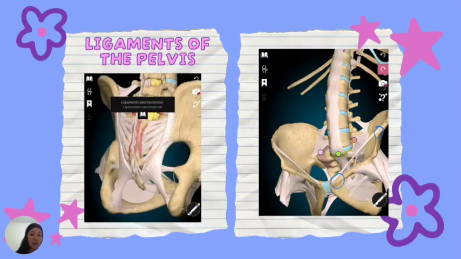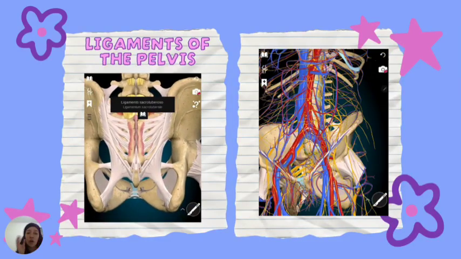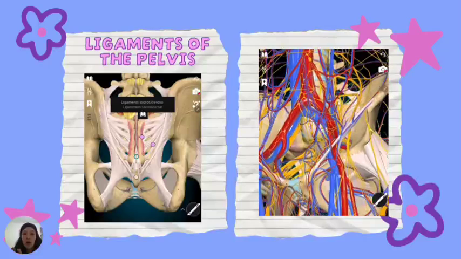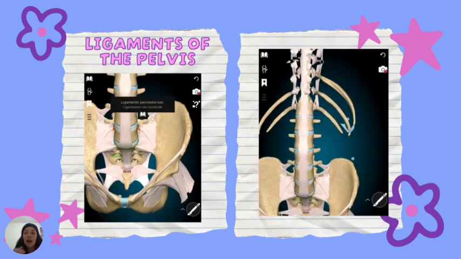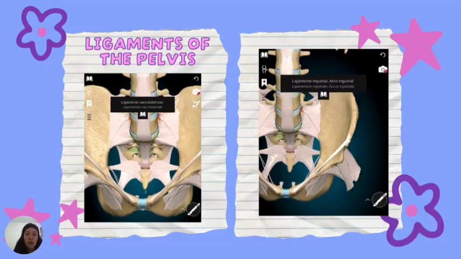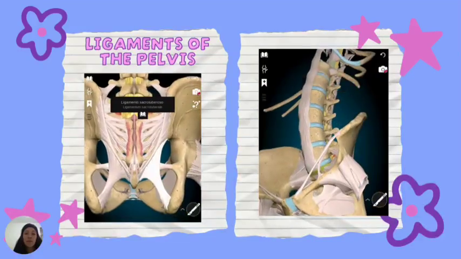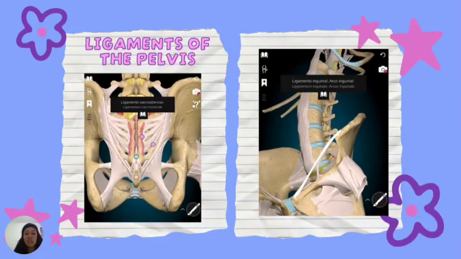Then we have the sacrotuberous ligament, located in the second video with the inguinal ligament. The sacrotuberous ligament runs from the sacrum to the ischial tuberosity, forming the lesser sciatic foramen. Then we have the inguinal ligament, formed from the anterior superior iliac spine to the pubic tubercle, making the boundary between the abdomen and the thigh.